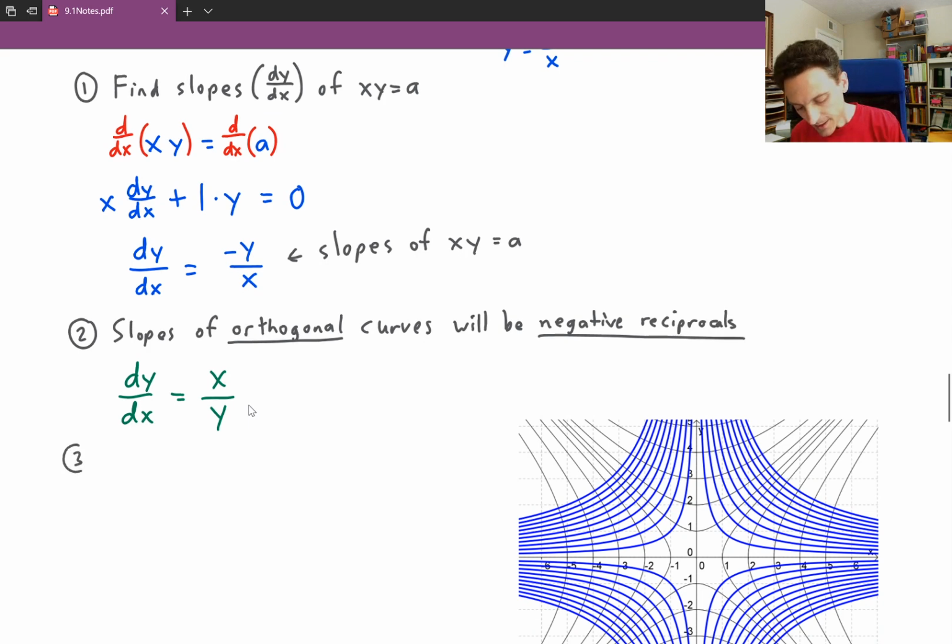Now let's take that, which, if you notice, is a differential equation. So this is a differential equation that represents slopes of orthogonal curves.